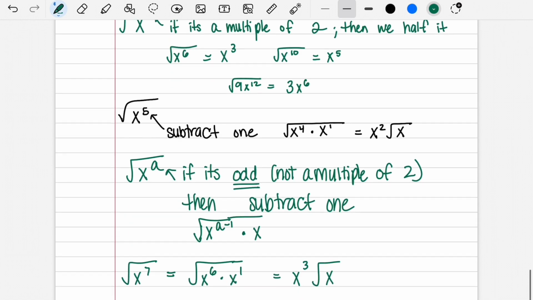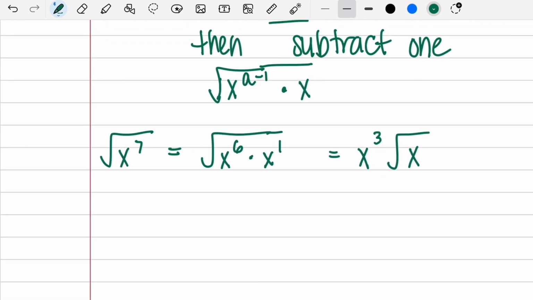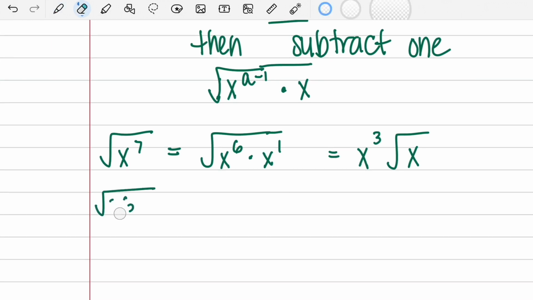Okay. Let's try one with a number on the inside. Let's take a look at the square root of 36x^11. Luckily for us, 36 is a perfect square. So the square root of 36 is just 6.